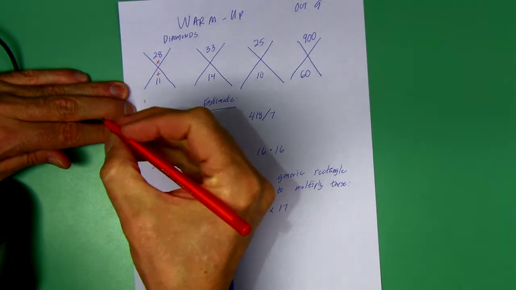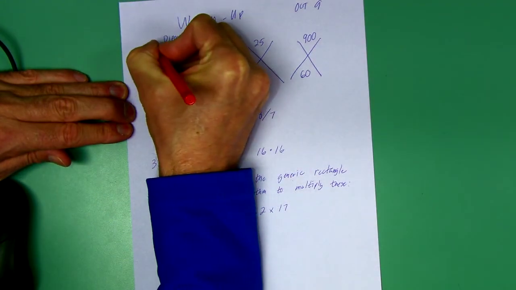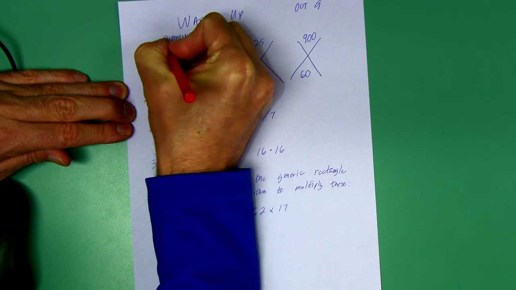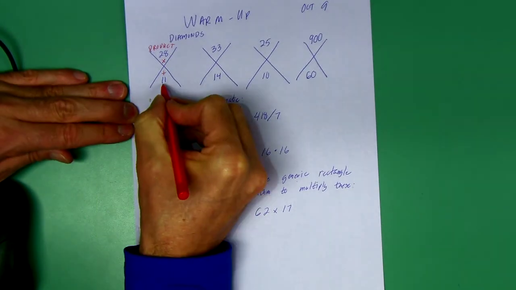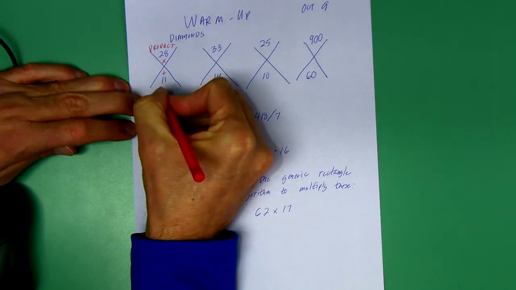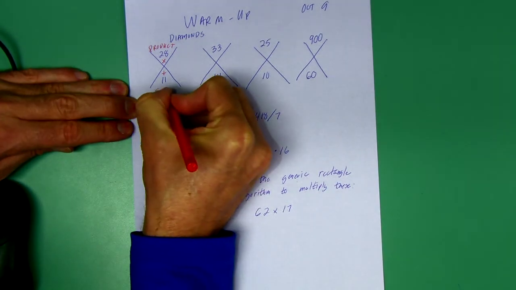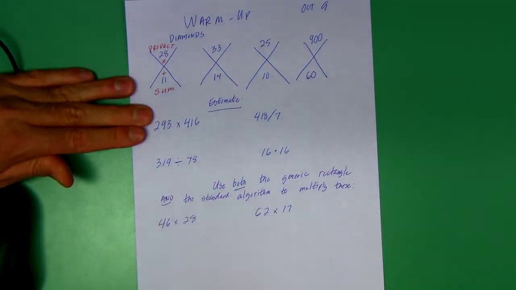You bilingual yet? Yeah, product. And what is the answer to an addition problem? I take those two numbers and I add them, I get a blank of 11. What's that? Very good, sum. All right, now what two numbers have a product of 28 and a sum of 11?